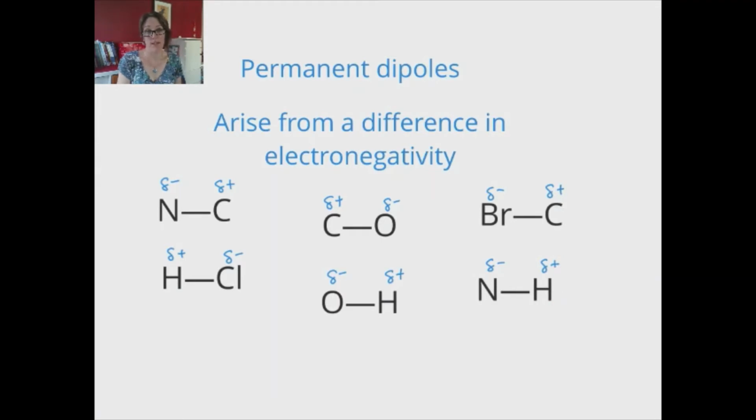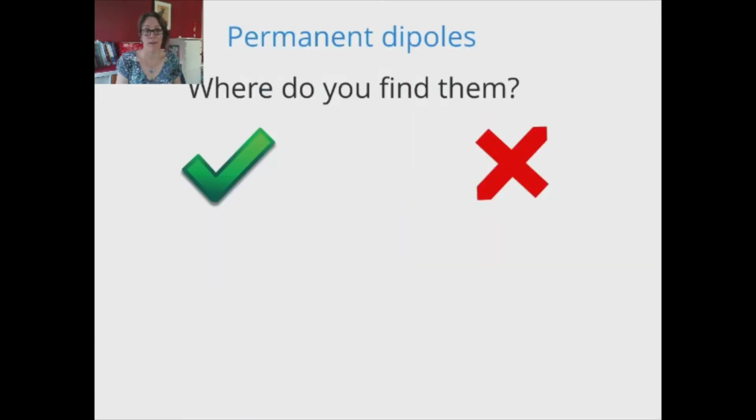So any bond that contains carbon or hydrogen and another element, we can make a pretty safe assumption that carbon or hydrogen are going to be the ones that are the delta plus. They are the least electronegative elements. So actually it's pretty easy to work out whether something has a permanent dipole or not.